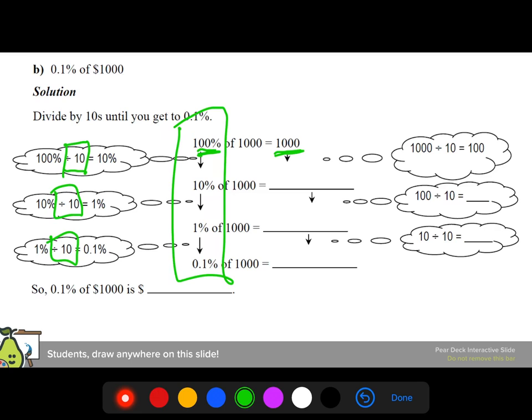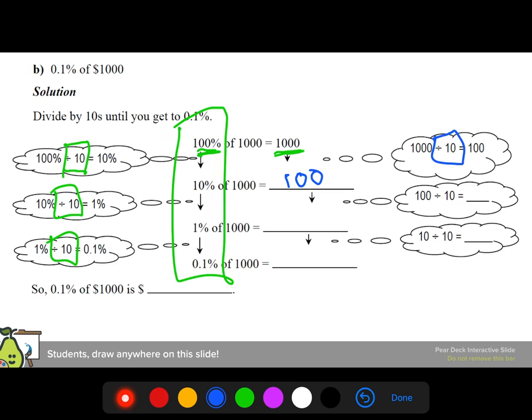So if we can divide our percents by 10, we can actually also divide our values by 10. So 1,000 divided by 10 is 100. So if that's the case, then the second level, 10% of 1,000, is 1,000 divided by 10, which is 100.